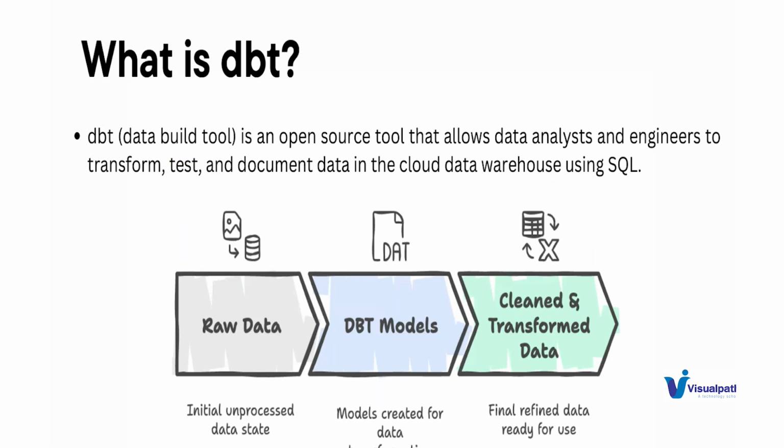So basically, whatever raw data we load into the data warehouse, the initial unprocessed data, we create DBT models on top of that data and write all the logic in the DBT models to do the transformation. And then this clean, refined data would be ready to use in Tableau, Power BI, MicroStrategy, any BI tool, or can be just used for data analysis by any analytics team.